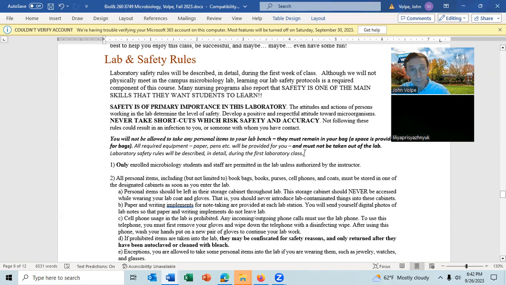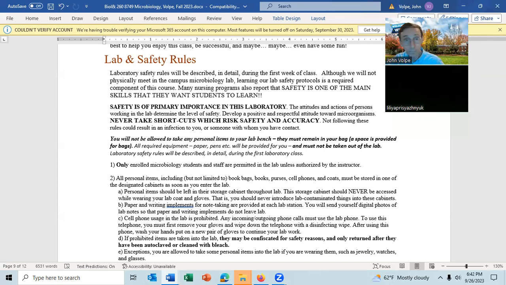Normally, you're not allowed to take any personal items to your lab bench. They must remain in your book bag or your coat. And those are kept in a cubbyhole, which is not considered a part of the lab. So the very door of the microbiology lab, and then the space from the door to the cubbyhole, which is right next to the door, is considered outside of the lab.